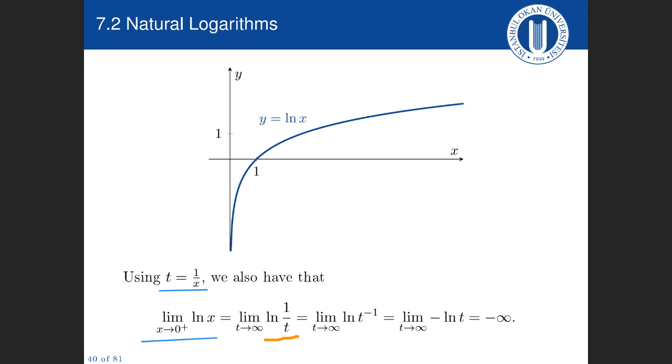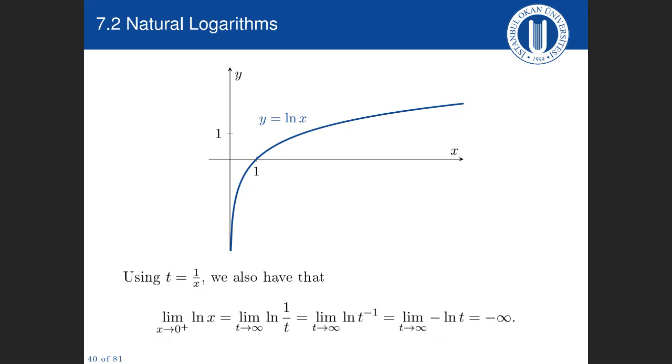And x tends to 0 from the right is the same as t tends to infinity. So that's the same as the limit as t tends to infinity of ln of 1 divided by t, or the limit of ln t to the power minus 1, or the limit of minus ln t, or minus infinity.